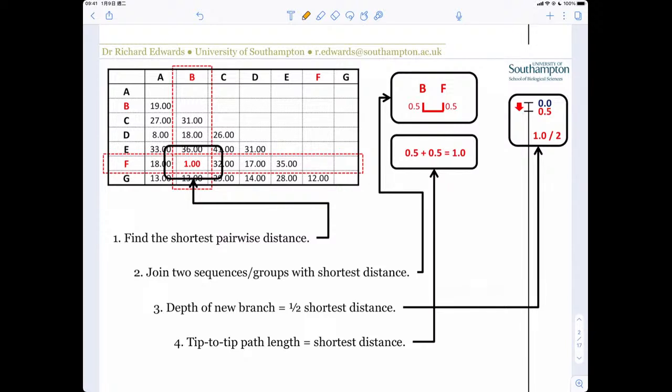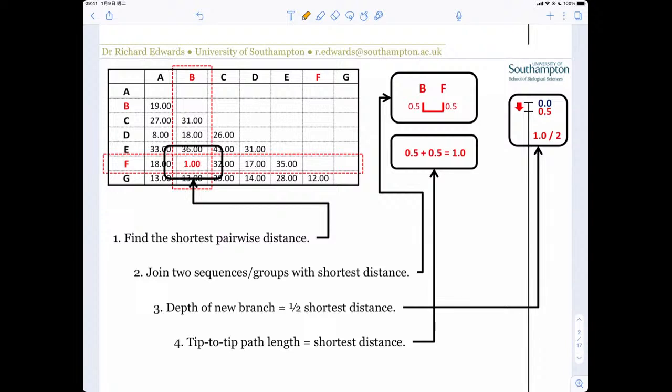Because among this distance matrix, 1.00 is the smallest distance. That means in certain space, B and F are quite close, right?